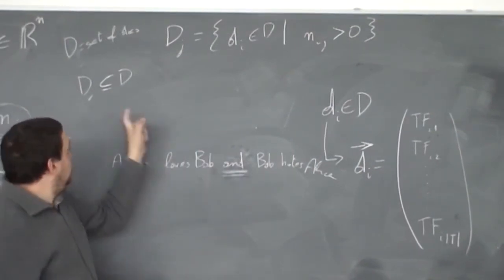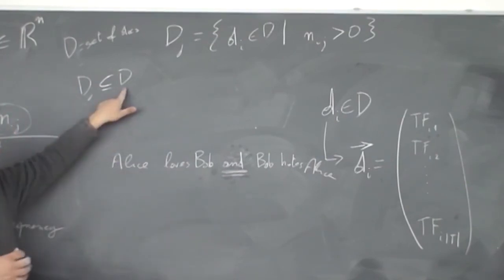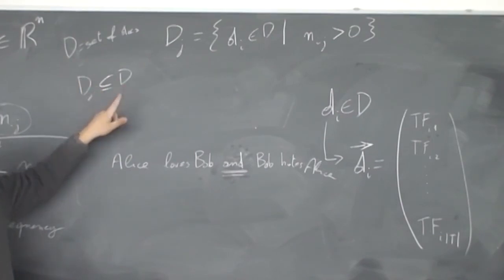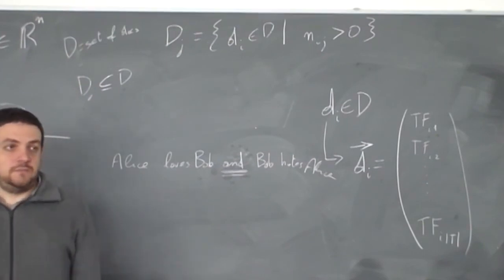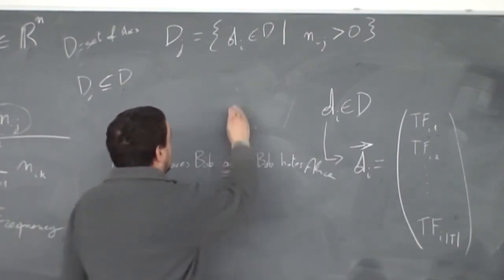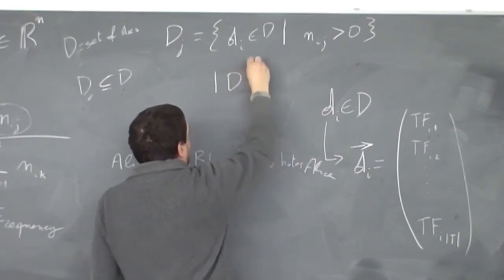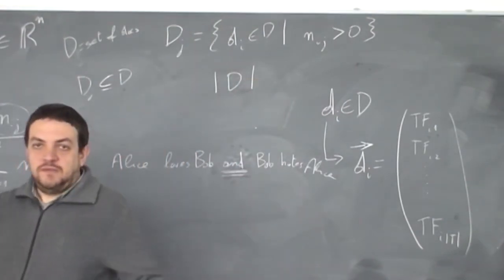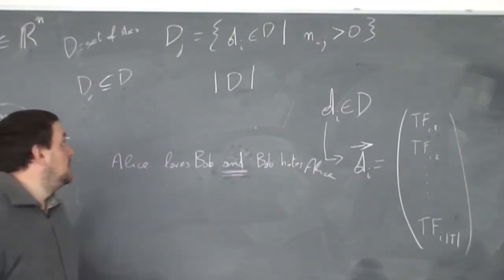So dj is a subset of D, and it represents the documents that contain term j. Of course, if term j is 'and', then Dj will be very large, possibly all of D, because almost all documents will contain 'and', while 'love' maybe will be a smaller subset. So how can I represent the importance of a word? Well, I take the number of documents that I'm considering, all the documents.